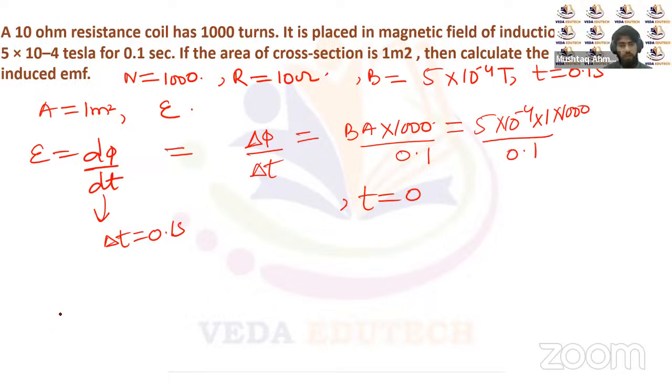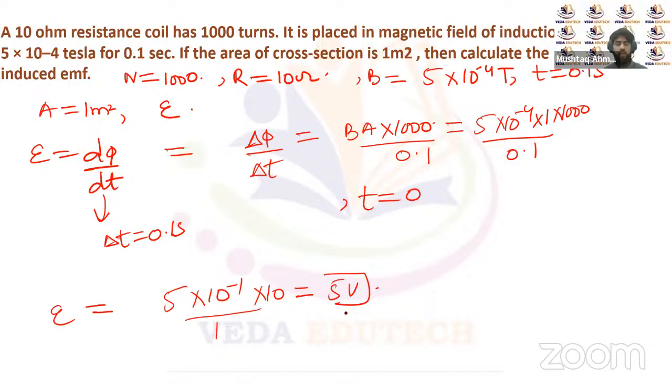So this induced EMF will be 5 into 10 to the power minus 1 upon 1 into 10 to the power minus 1, or we can say it will be a 5-fold. So 5 volt will be the induced EMF in this coil, because of this sudden change in flux through the coil, right?